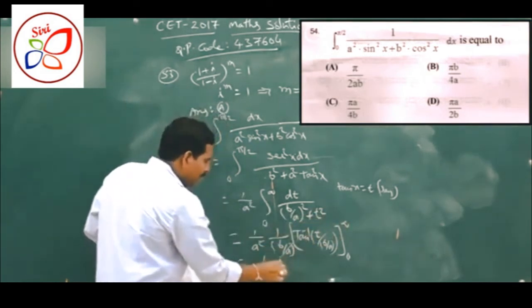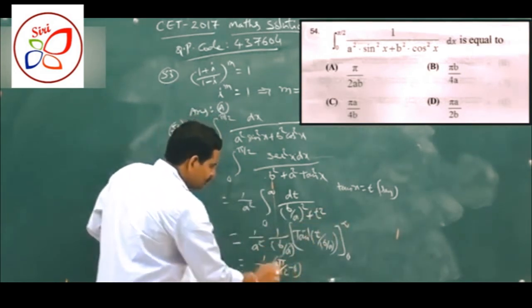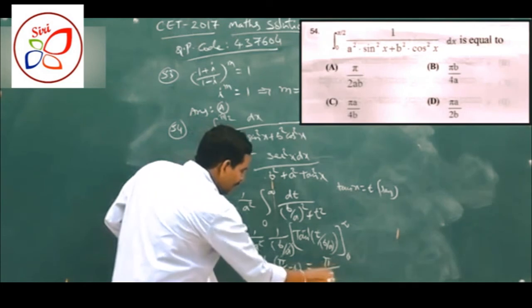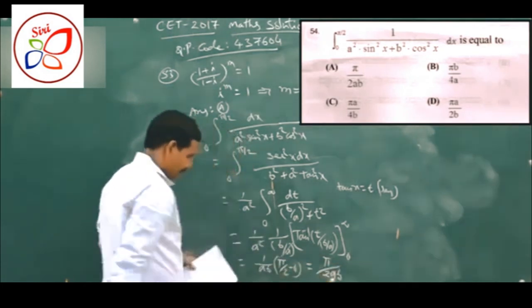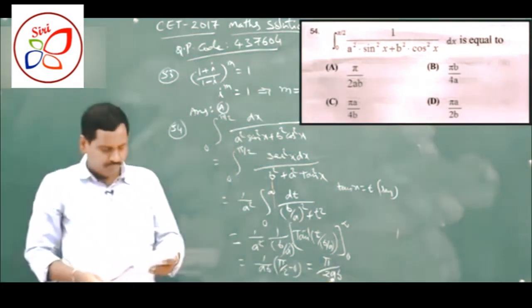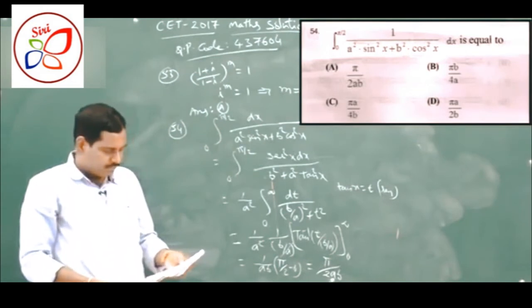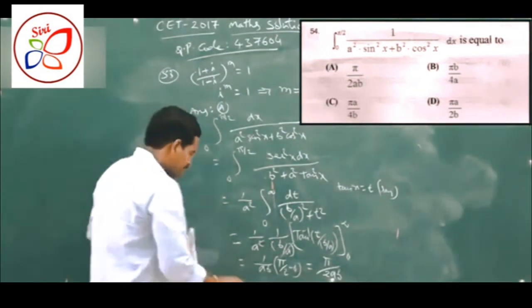Infinity means pi by 2, 0 means 0. So the final answer is pi by 2ab, which is given in the first option.